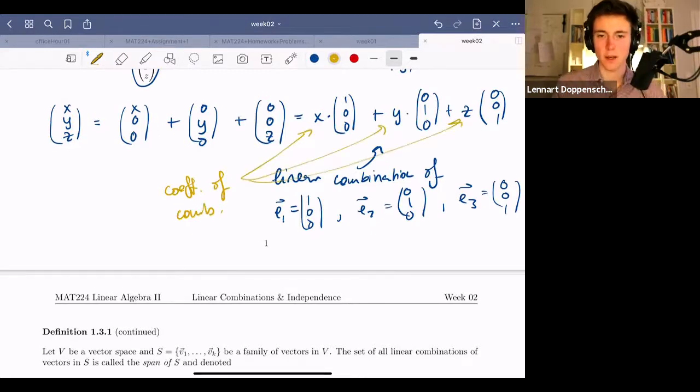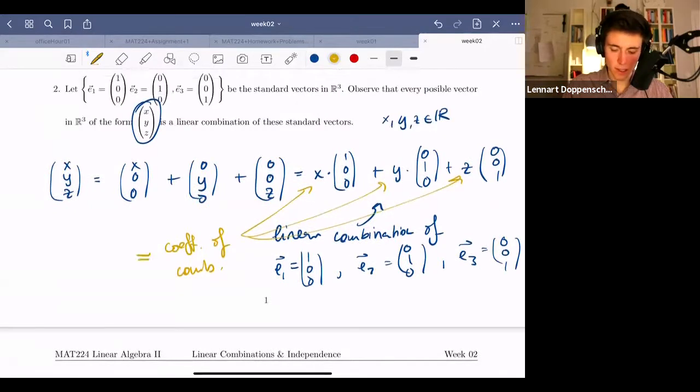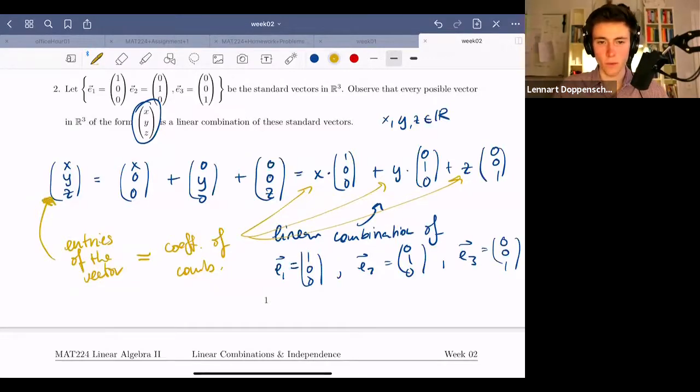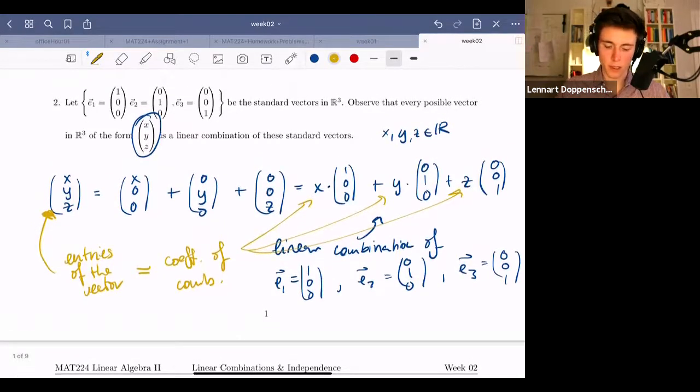In this case, they're just numbers. They're equal to the entries of the vector. And this is not a coincidence. I'll probably explain this in detail, how this happens, and you will observe that this happens in a more general framework. But this is just an observation. So for now, the linear combinations of these three vectors, e1, e2, e3, are exactly all the vectors in R3.